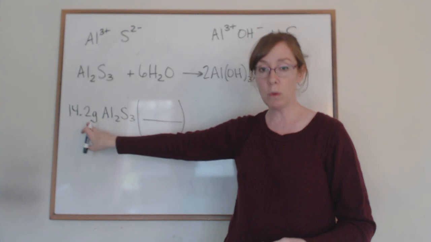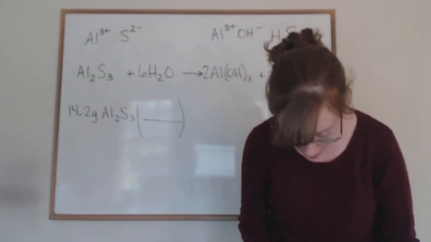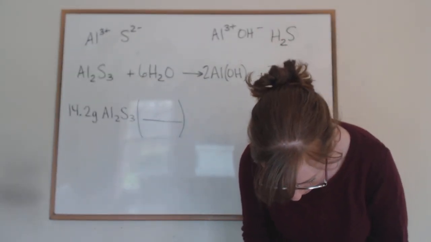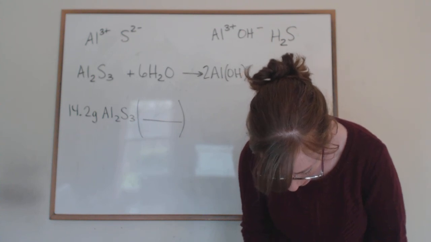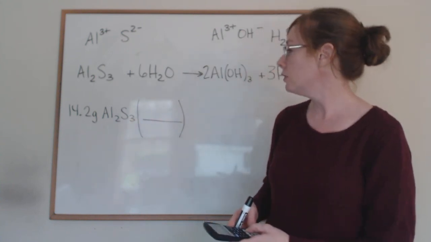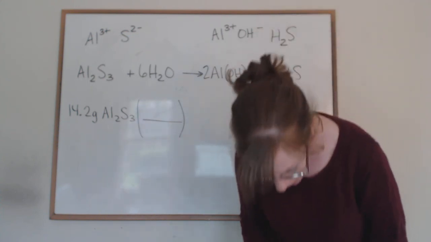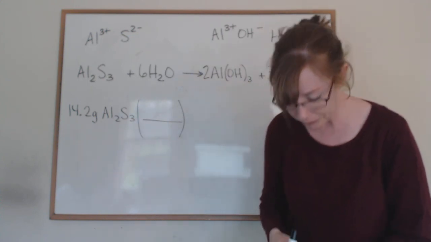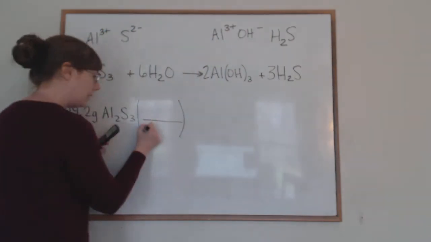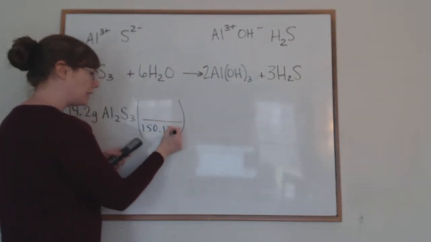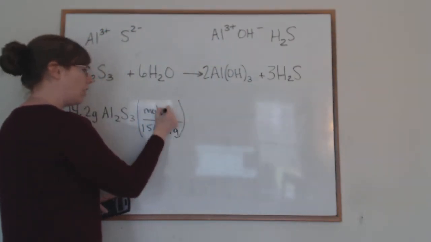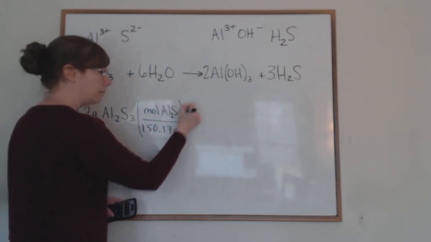Can't do a mole-to-mole ratio while I'm still in grams, so I better do a gram to mole conversion. So let me get its molar mass. 26.98 times 2 plus 3 of the sulfurs. 150.17 grams per mole of aluminum sulfide.